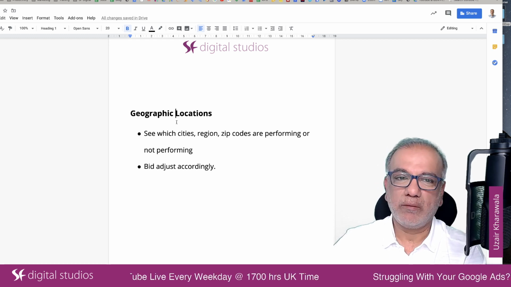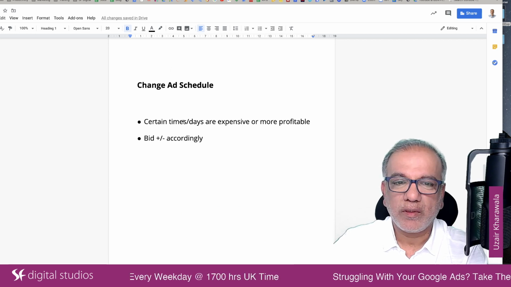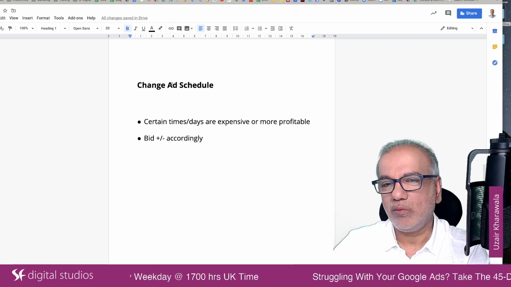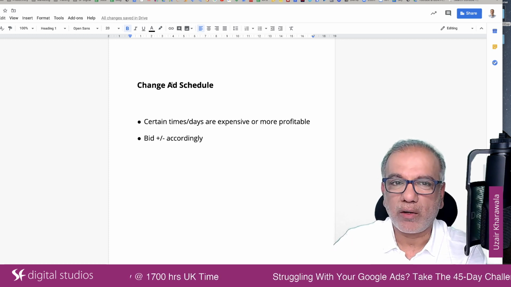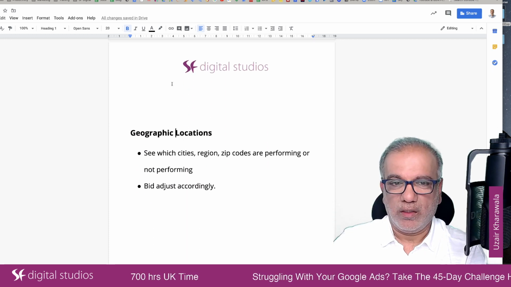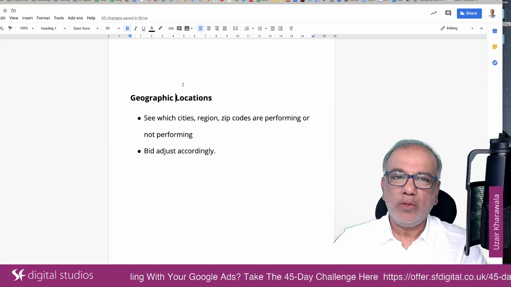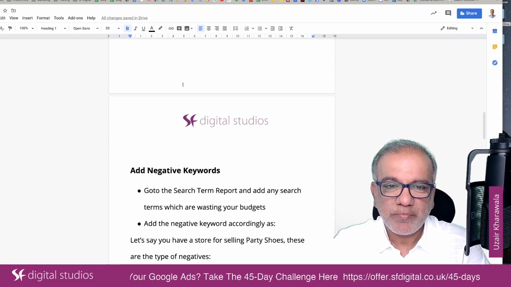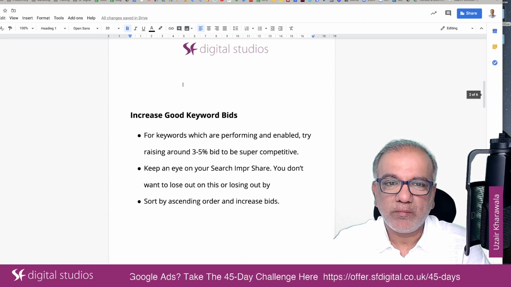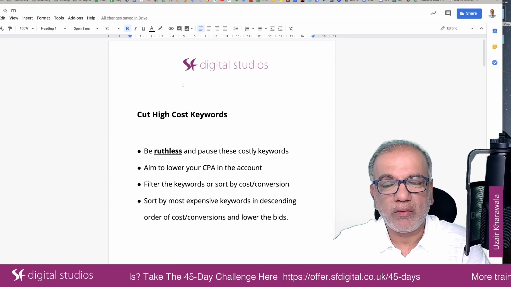In fact, for the locations and the times of the days and weeks, the ad schedule, I would say do this maybe once every 2 weeks if it's just a small account, and you won't have that much data. Go through all of these: the locations, ad schedule, negative keywords, bid up on the good keywords, bid down on the low keywords.